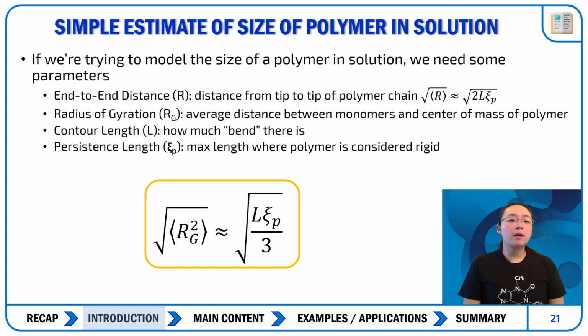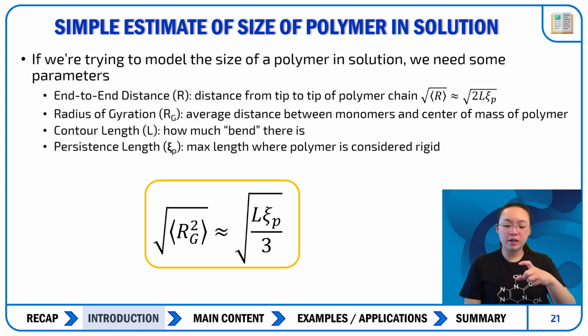So now, if we're trying to go back to our first few slides and we're trying to model the genomic or physical size of viral DNA, we need to be able to estimate the size of some polymer in solution. So remember, when the viral DNA spilled out of the capsid, it was really wiggly and swirly.